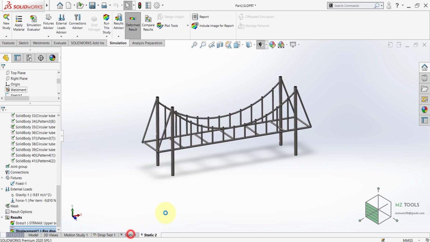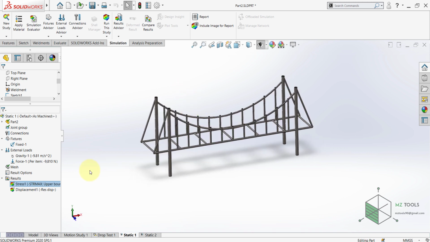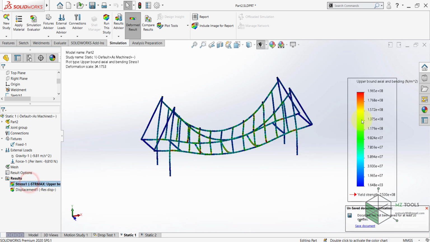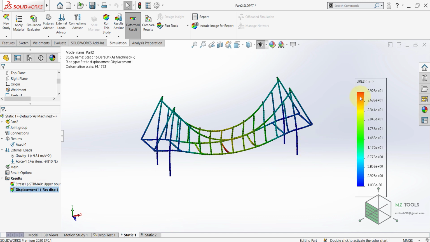On the other hand, if we have the same structure but with some cables added, and here for the stress it's 1.9 multiplied by 10 to the power of 8, and for the displacement it's around 28 millimeters.